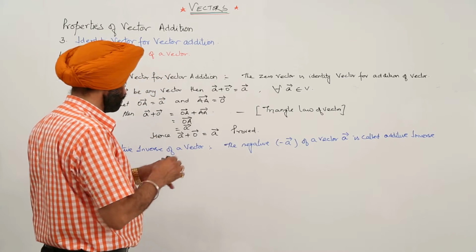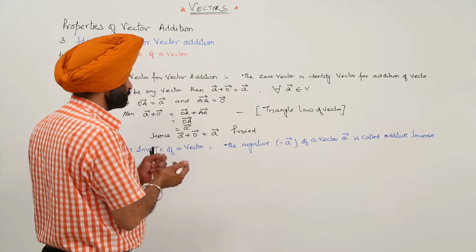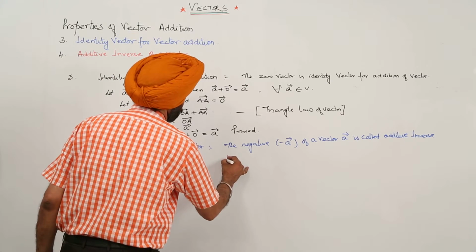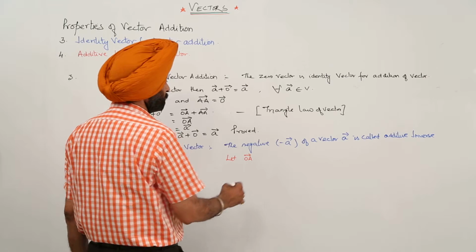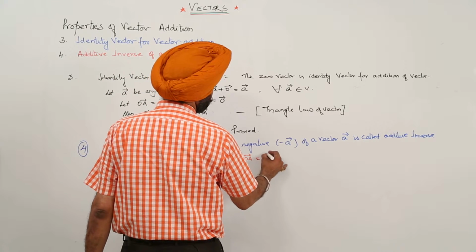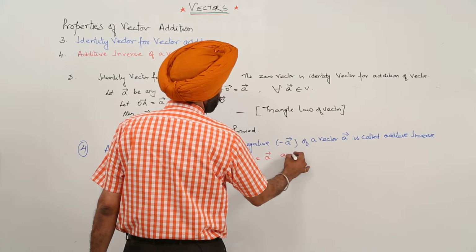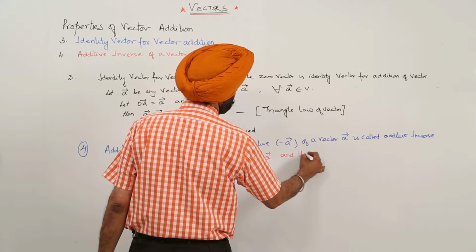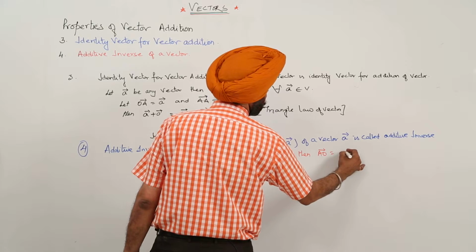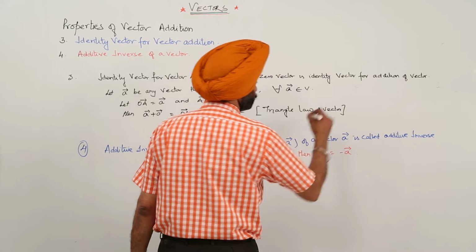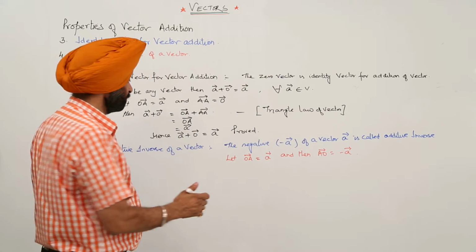Now let vector OA is represented by vector A, and then AO will be represented by negative of this one. Is it clear?